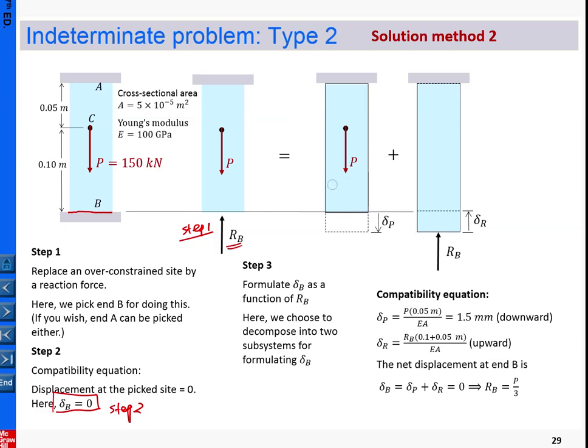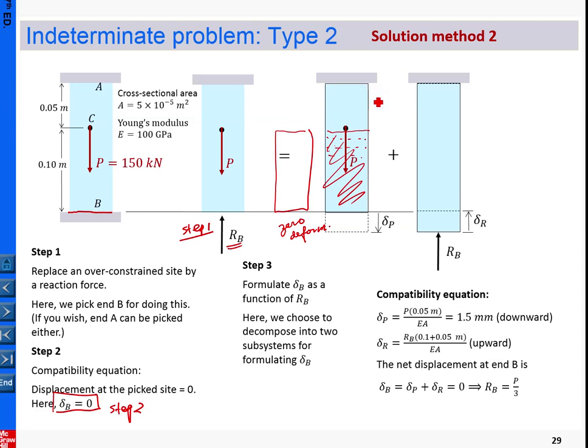For this system, can you see that delta P is contributed by the upper portion only? For the lower portion, if you take any free body diagram anywhere in the lower portion, you can see there's no loading. Basically the lower portion has 0 deformation. So in this case, delta P is totally attributed to the upper portion.